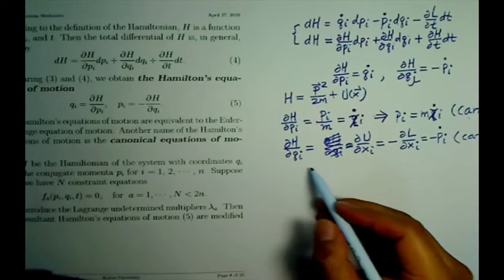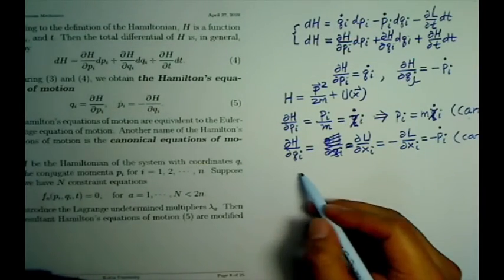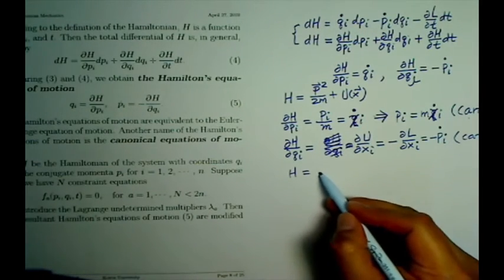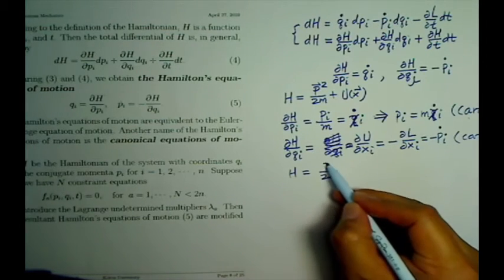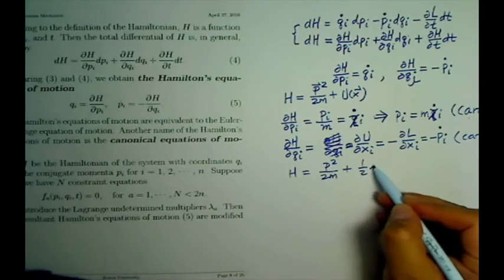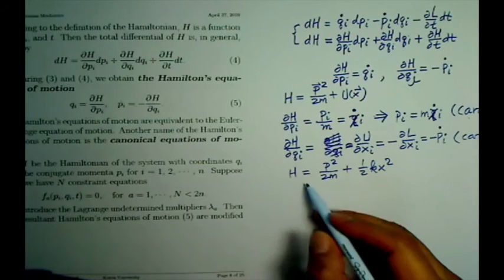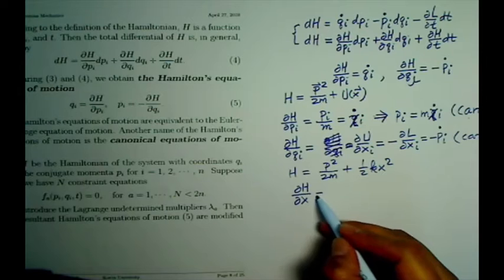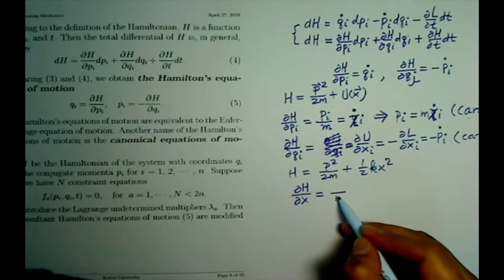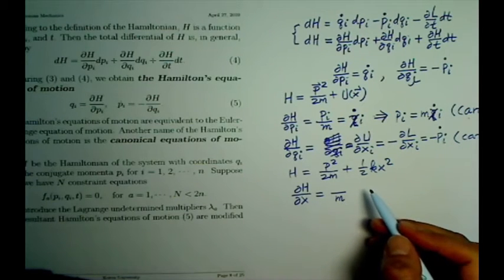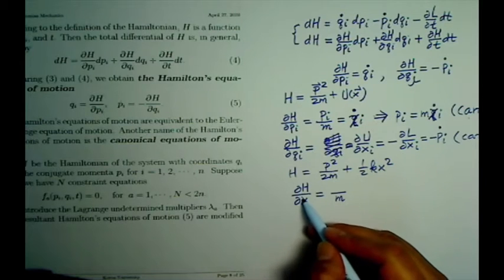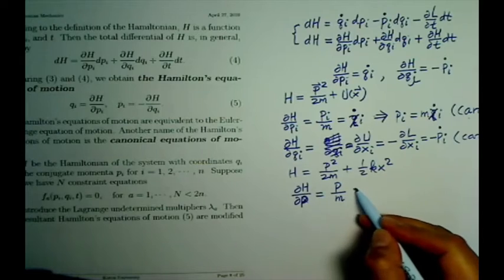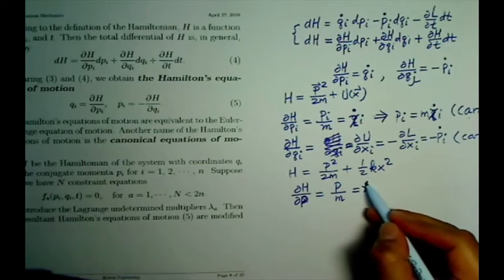For example, we consider the simple harmonic oscillator. p, that is x dot.